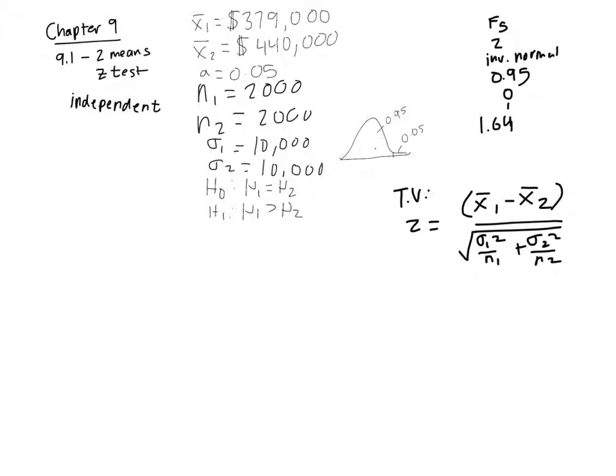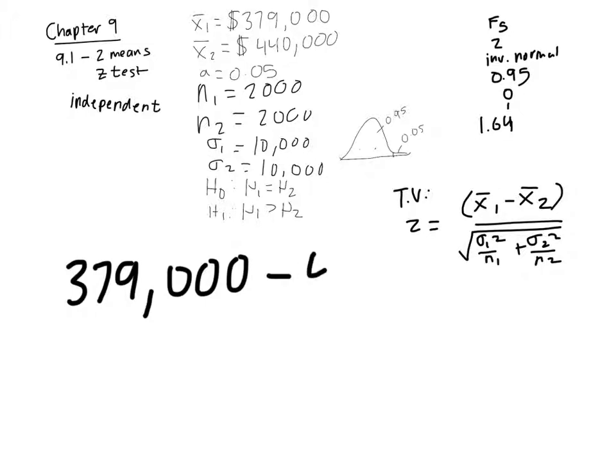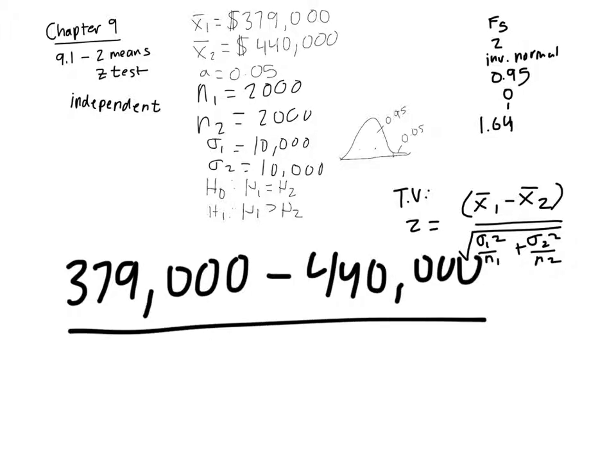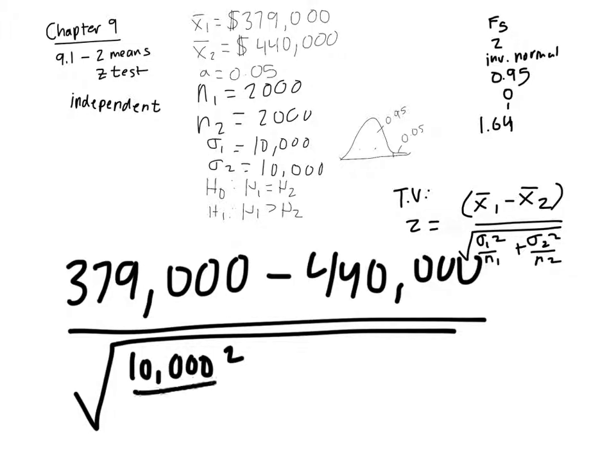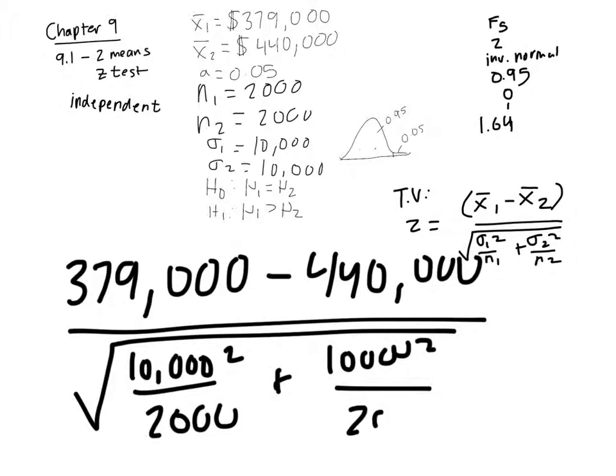So we're going to have 379,000 minus 440,000. Divided by the square root of 10,000 squared over 2,000 plus 10,000 squared over 2,000.